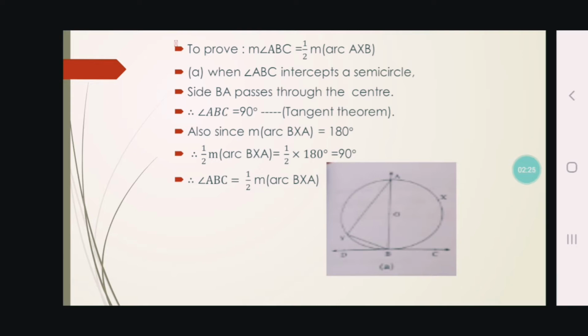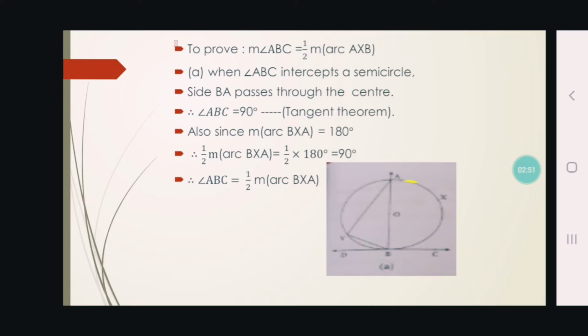Now angle ABC will be 90 degrees. Tangent theorem: the tangent drawn and the radius touching it are perpendicular to each other. So the angle so formed at the point of contact is 90 degrees. So angle ABC is 90 degrees. That is the tangent theorem.